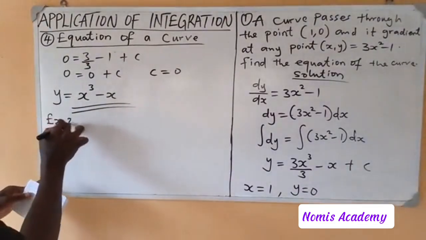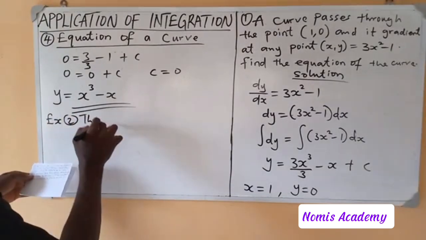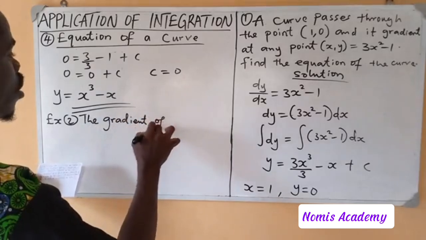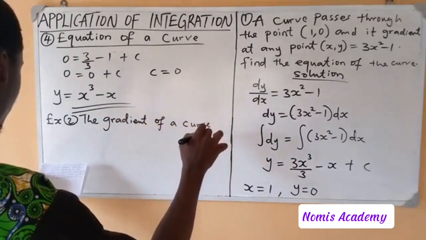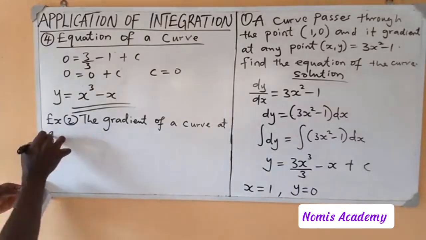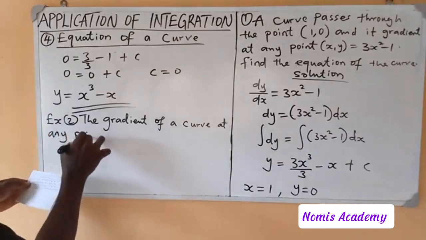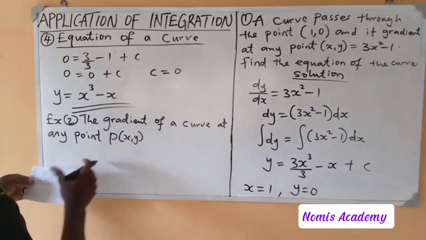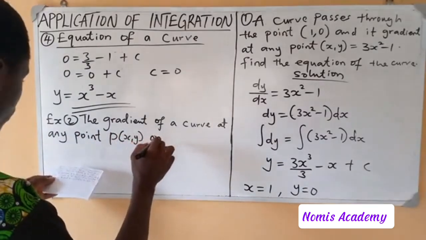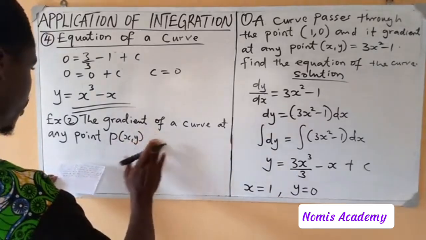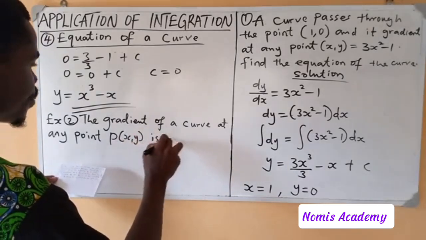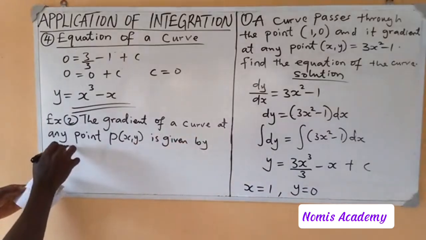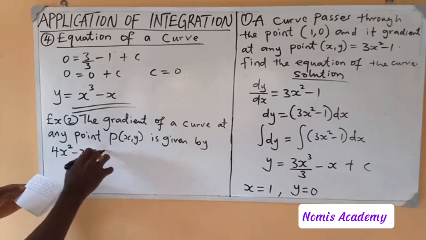Example 2. The gradient of a curve at any point (x, y) is given by 4x squared minus 3x plus 1.